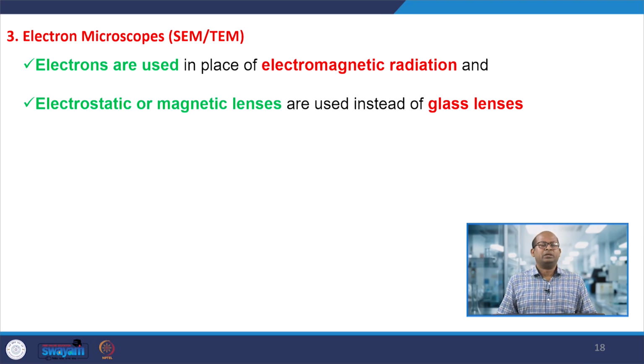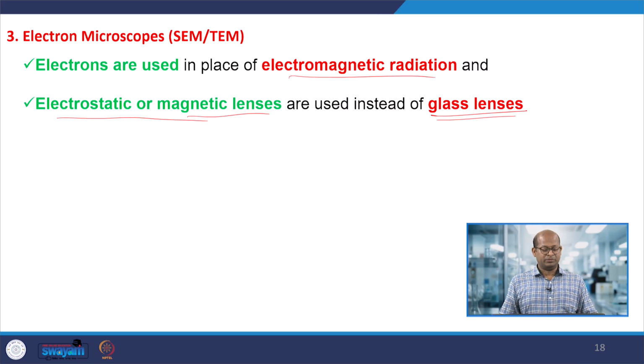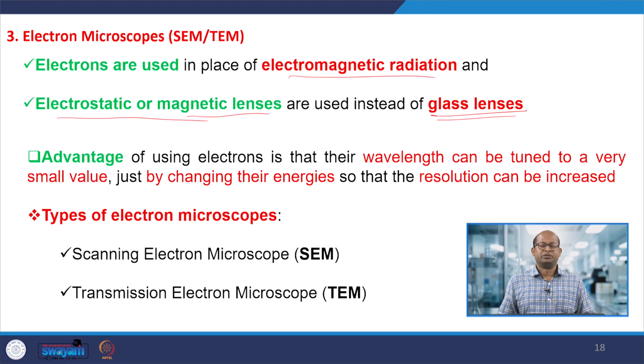So in electron microscopes, electrons are used, and magnetic lenses are used instead of glass lenses. In optical or confocal microscopes we use glass lenses, but here we have to use electrostatic or magnetic lenses instead.